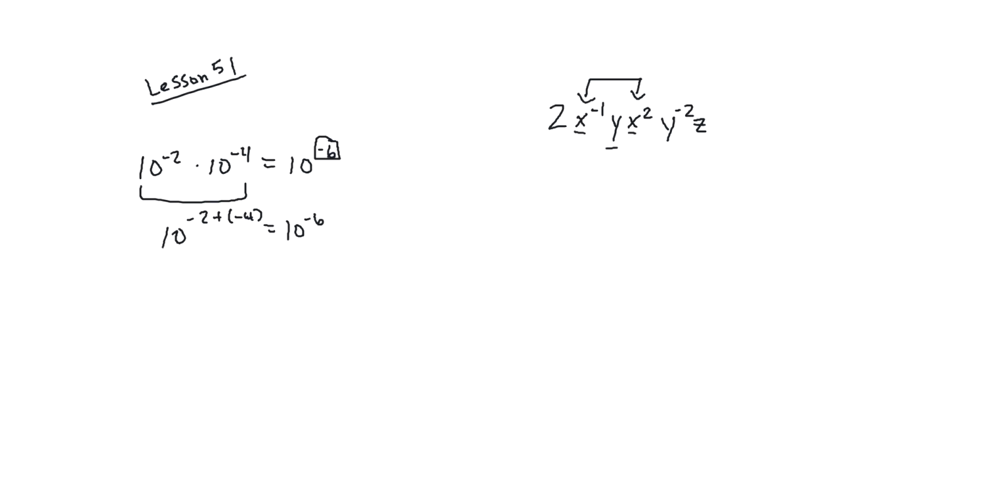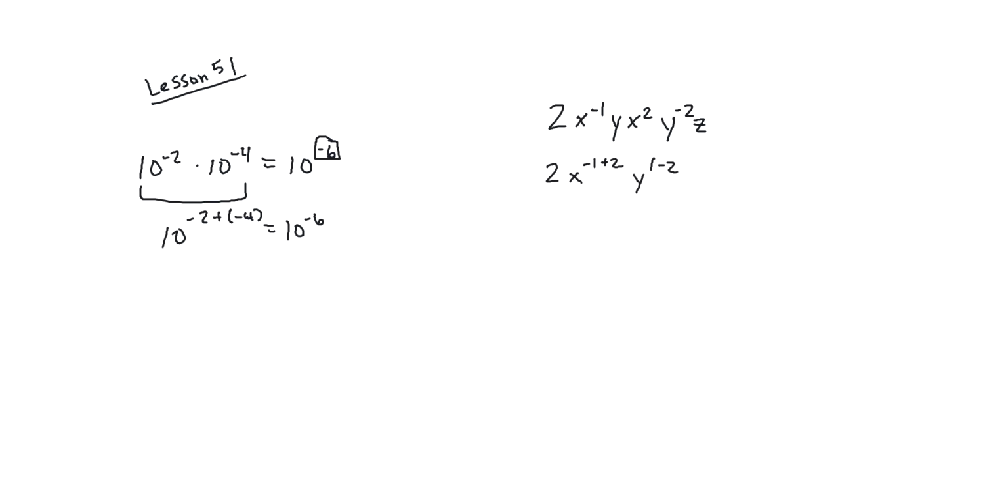So those are the two sets of variables that we can combine together, and it becomes 2 times x to the -1 plus 2. Remember, when you're multiplying them together with the same base, you add the exponents together, and for y, you'd have y to the 1 minus 2, since there's an understood 1 on this y.